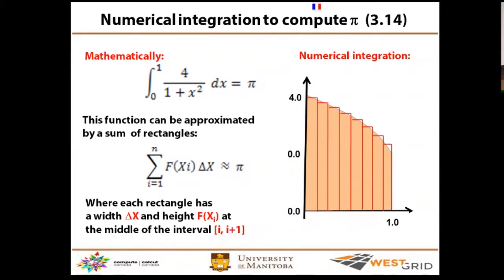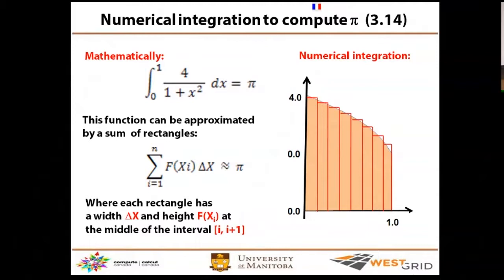For this example, we didn't take just any function. We have chosen a function where the solution is known. If you integrate this formula from 0 to 1, you will get the number pi, 3.14.